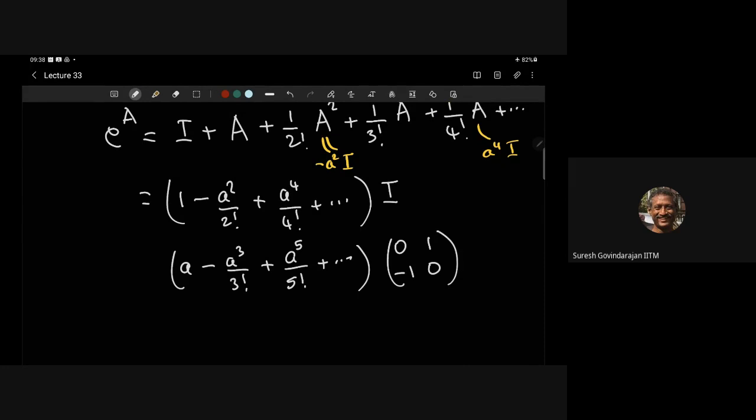Okay, so now if you look at the first term, what do you see? The first three terms are there. We have written three terms.